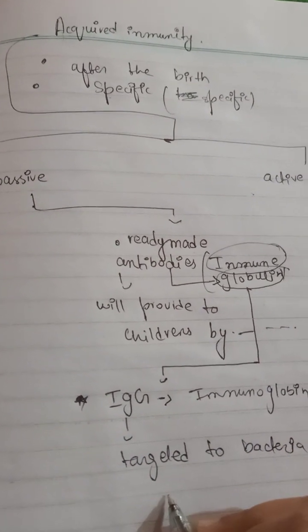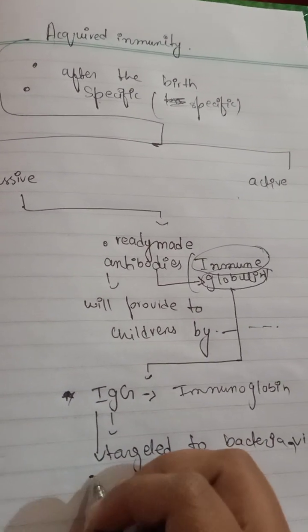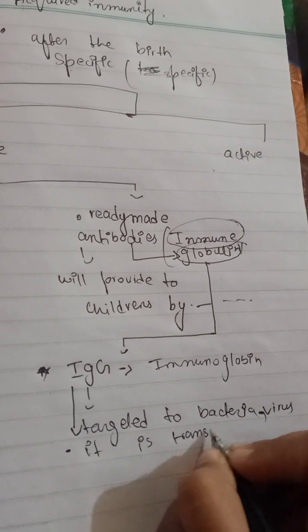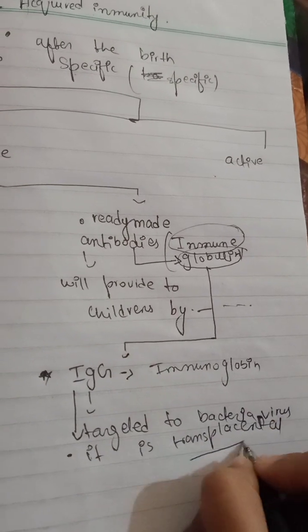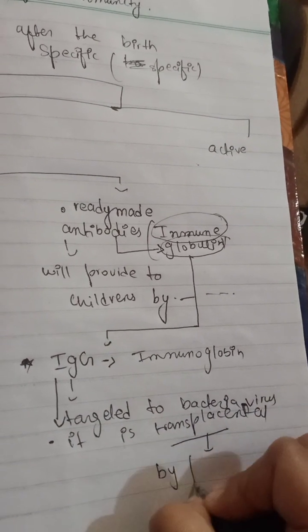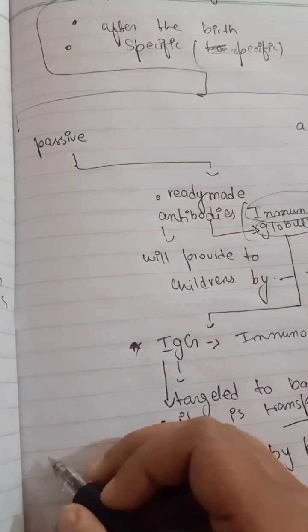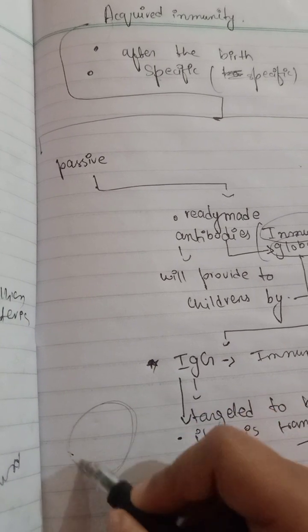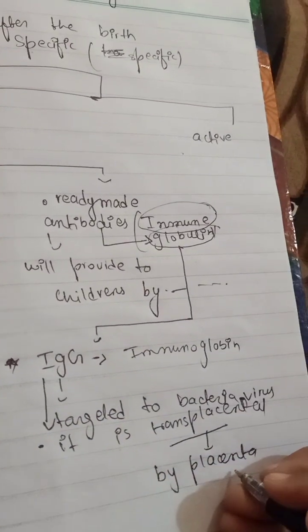IgG is transplacental, which means it passes through the placenta. What is the placenta? When the mother has a baby, the baby has a layer-like structure around it, which we call the placenta.